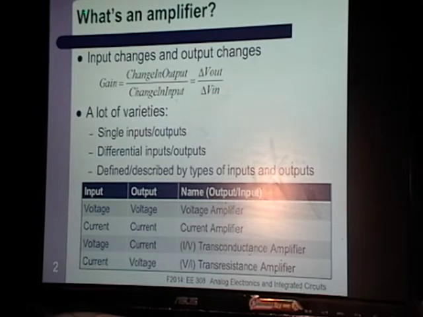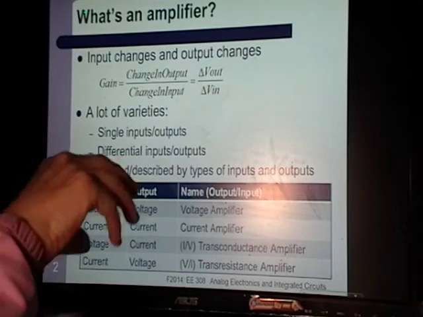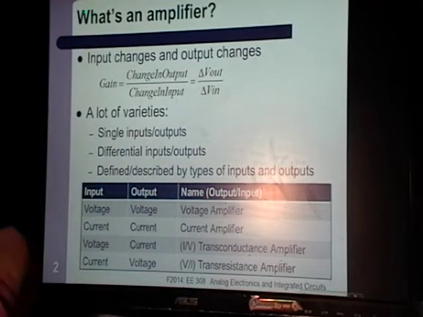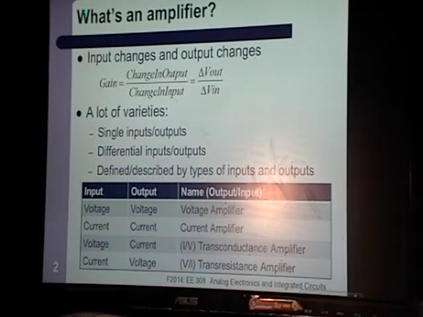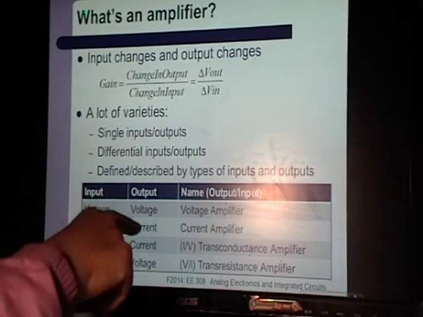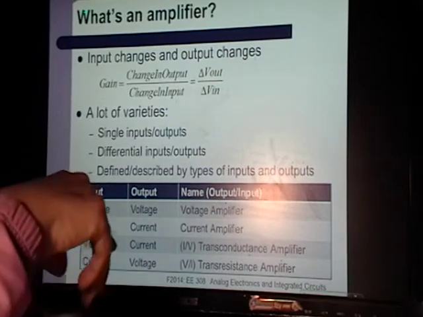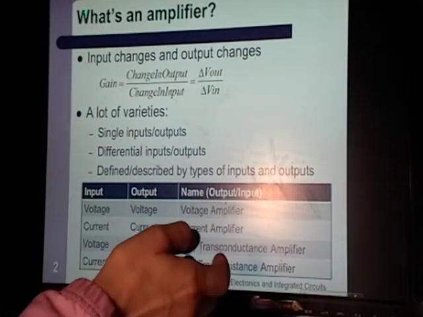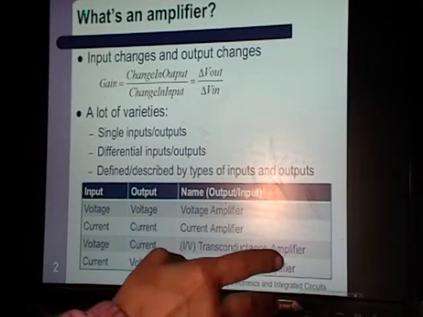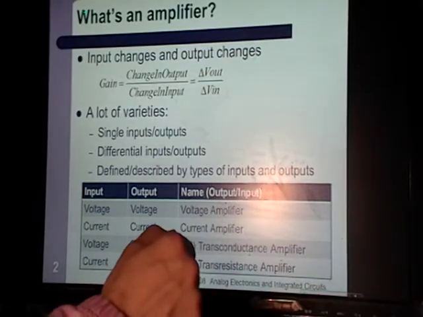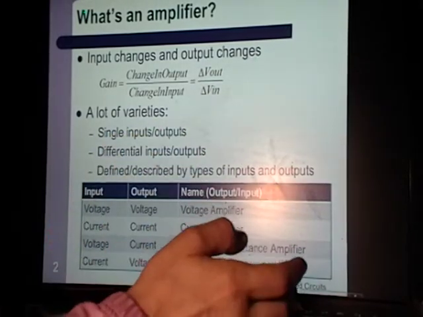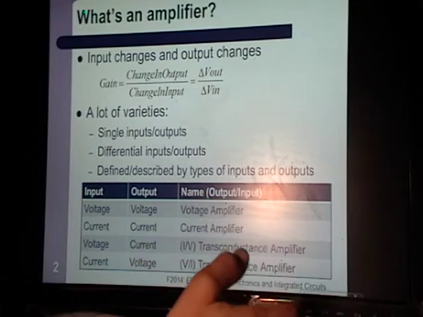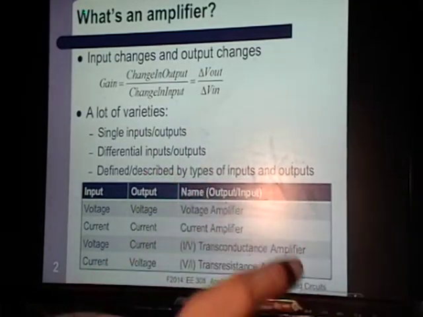Also, you can name your amplifiers by how many inputs or outputs they have. Single input, single output, or differential inputs or outputs. So you could have a differential input, single-ended output. That means 2 inputs, 1 output. Or you can have a single-ended input, differential output, or a differential input, differential output, or single-ended input, single-ended output.